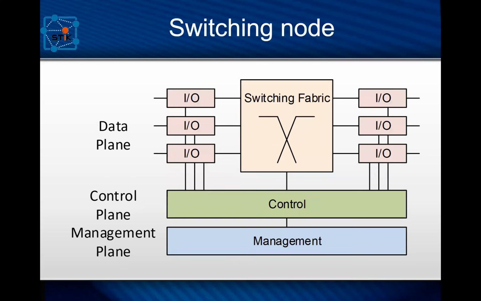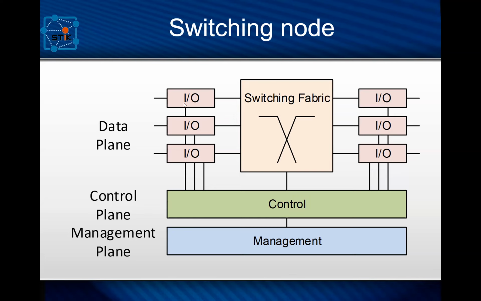In my work, I considered switching nodes. A switching node, as shown on the slide, is constructed with a switching fabric presented in this part, and input and output elements to which the inputs and outputs of the switching node are connected. Additionally, each switching node contains a control module and a management module.